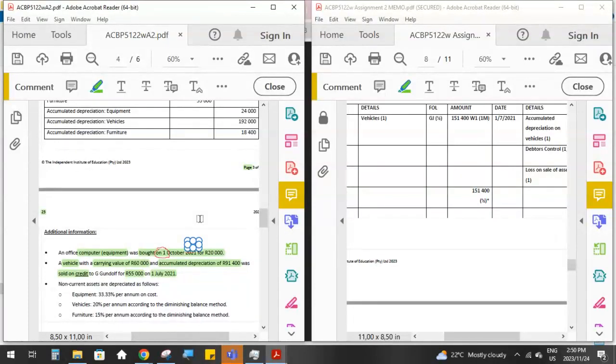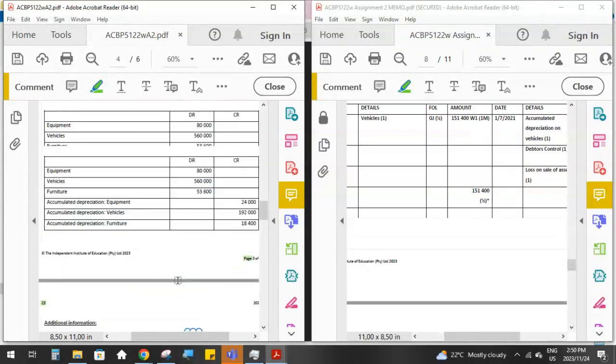What was that? Vehicle. Okay, I'm not too sure. Anyway, let's just have a look at the dates.